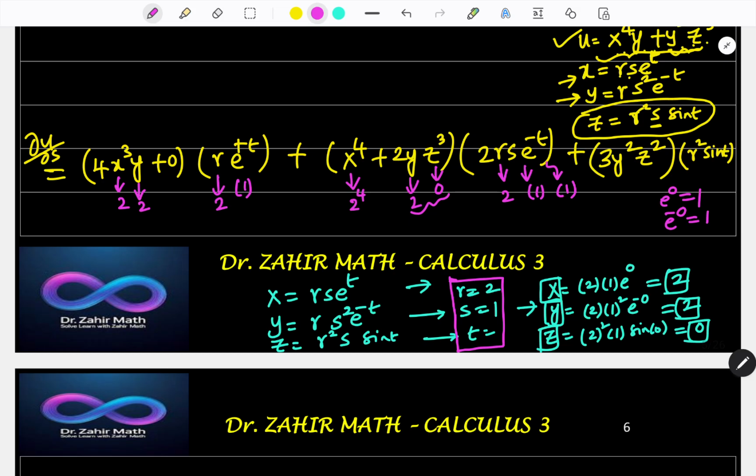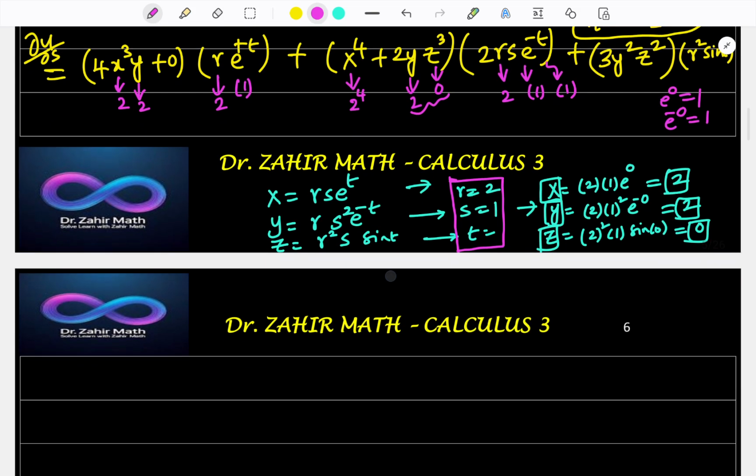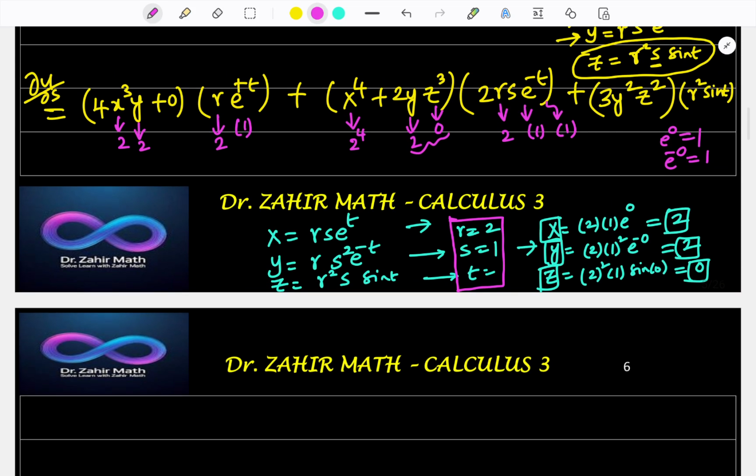Okay, right. So when I put all these things in the calculator, one minute, let me put all these values in the calculator. So I put in the calculator 4 times 2 cubed plus 2, 2 times e^0, that is 1, plus 2^4, 2 into 2, then 2 into 1 into e^(-0), then 3 into 2 squared plus 2 squared and sin 0.